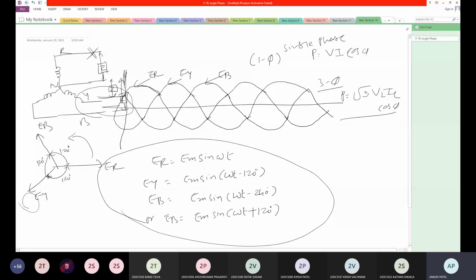Generally, from the distribution pole or DP, the state or area is divided into single phases. Some of the area is connected to the R phase, some to the Y phase, and some to the B phase.